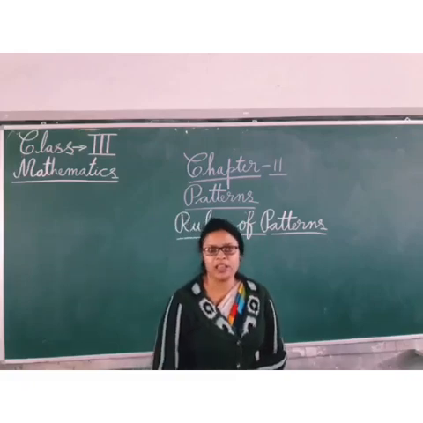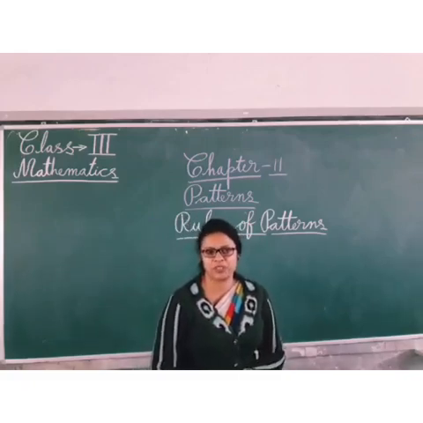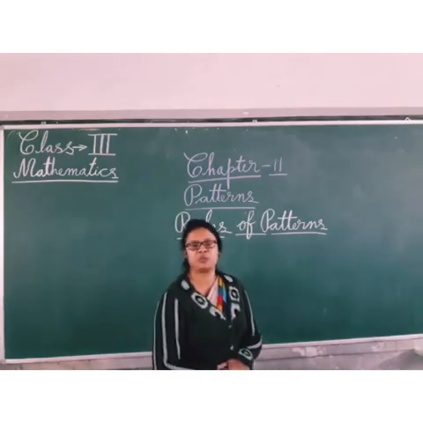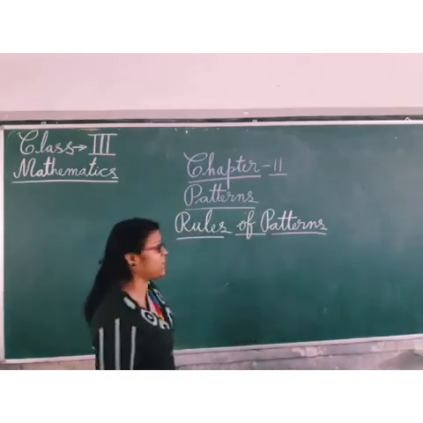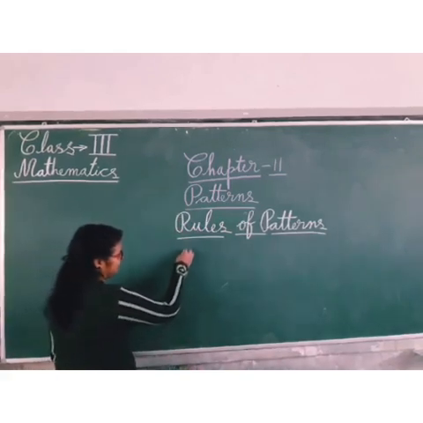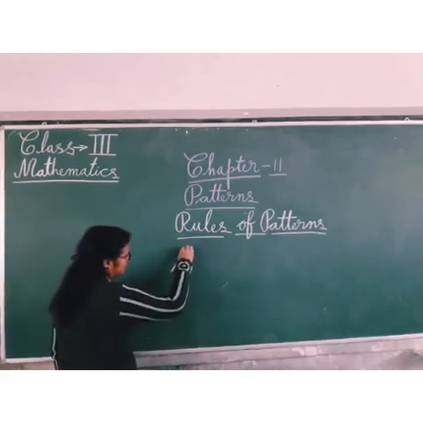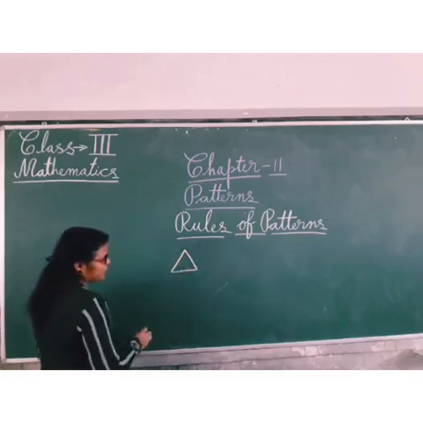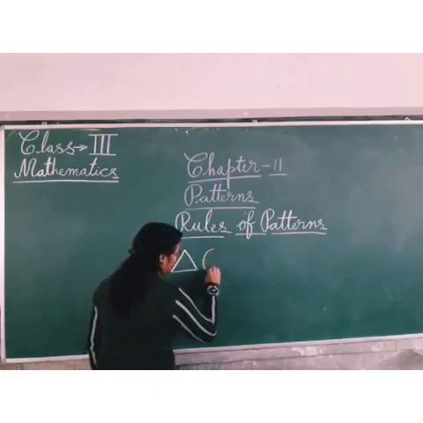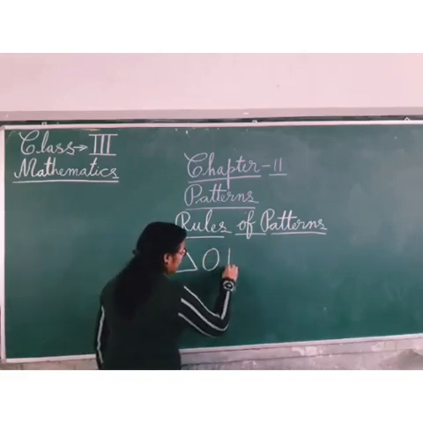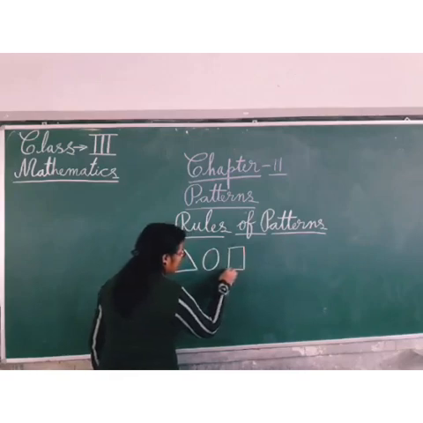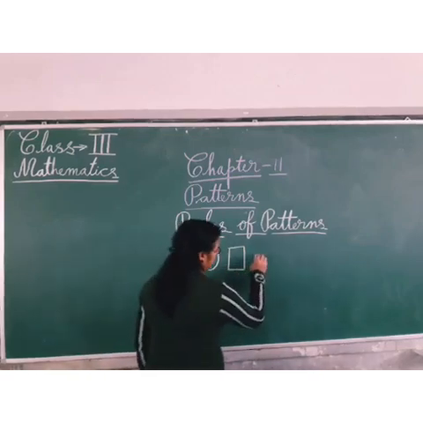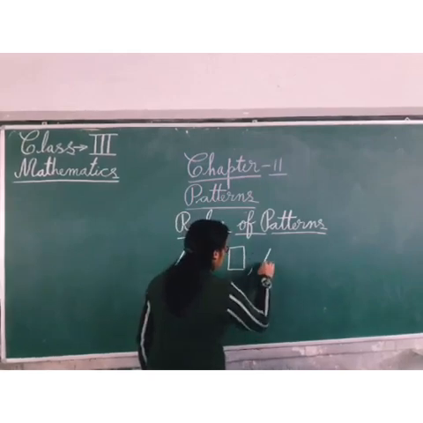Whenever you make patterns with shapes, we use only 2D shapes. In the beginning of the chapter, we have seen some shapes we have used to make patterns. For example, circle. Pattern means the figure repeating in the same order. Here I am making one pattern with triangle, circle and square, and again it repeats.